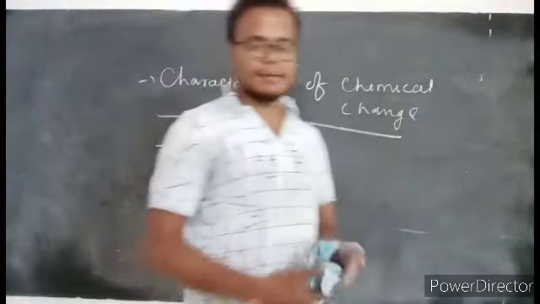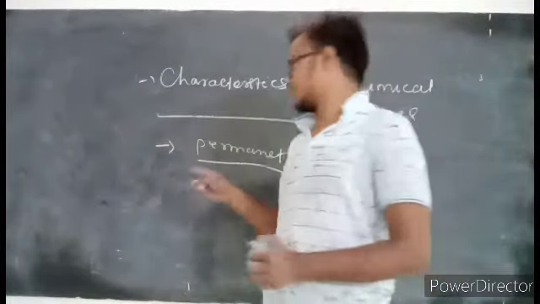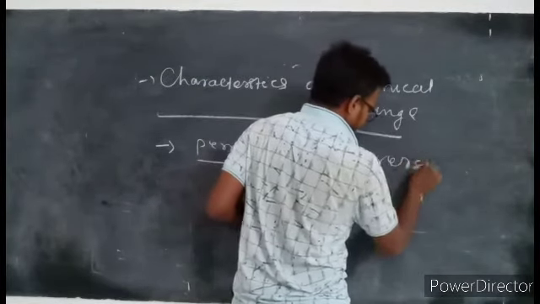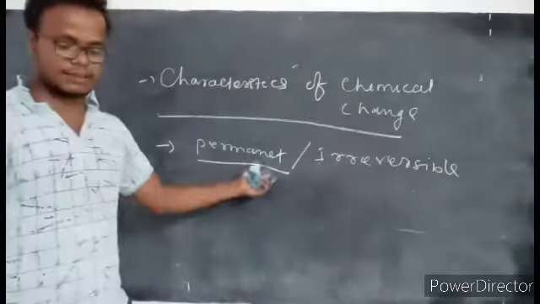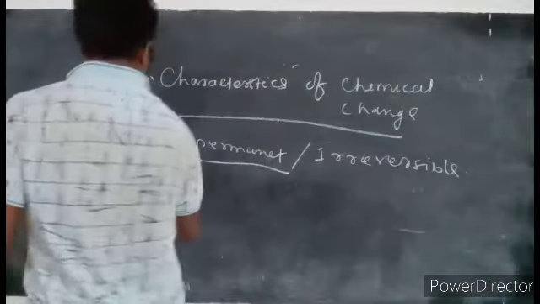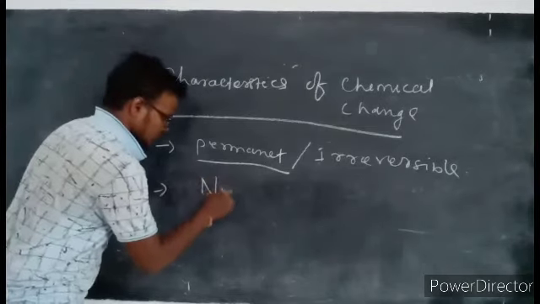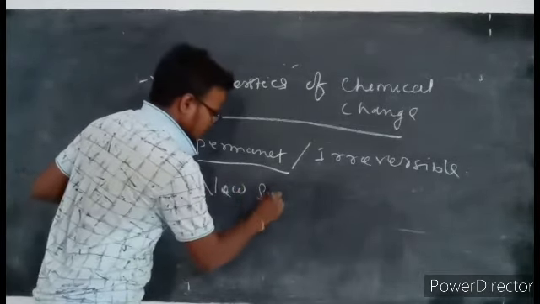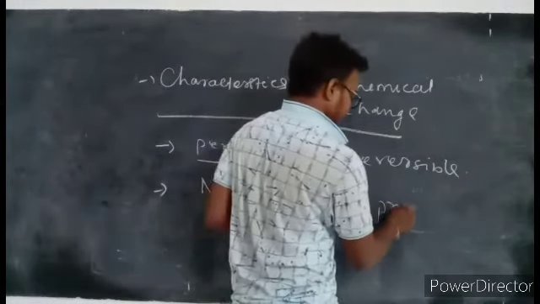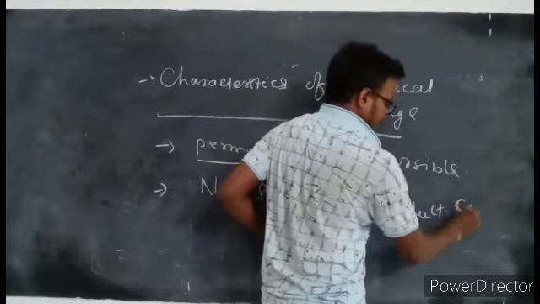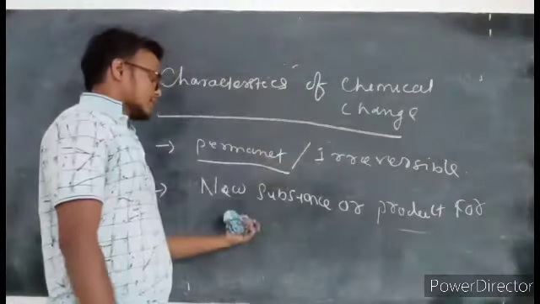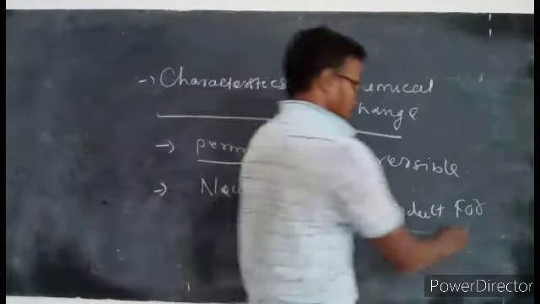A chemical change is a permanent change that cannot be reversed, it is irreversible. Again, a new substance or product is formed.